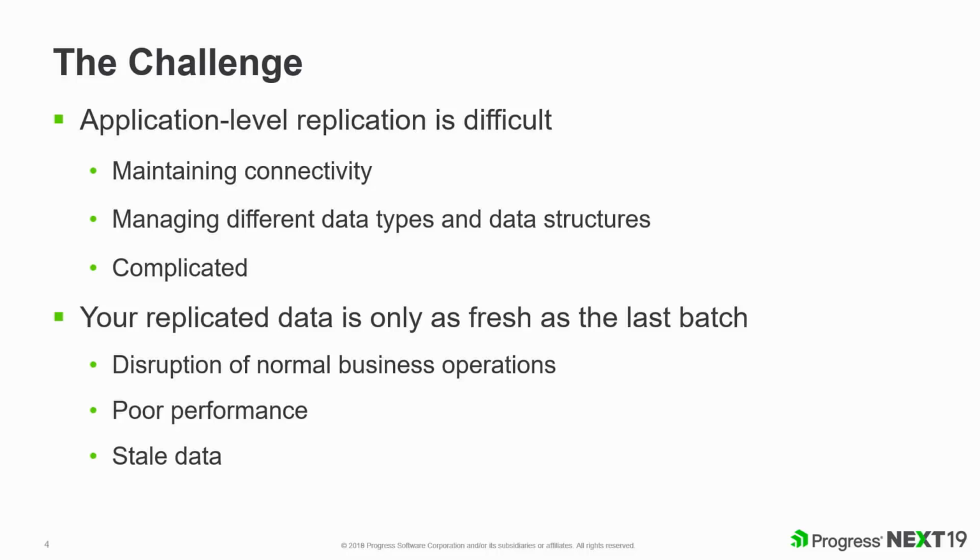And one of the biggest challenges is that your replicated data is only as fresh as your last batch. You want up-to-date data at all times, especially when you're doing BI analysis. If you don't get fresh data, it causes a disruption in your normal business operations, can lead to poor performance, and you can end up with data that doesn't give you enough insight into what you want to do.